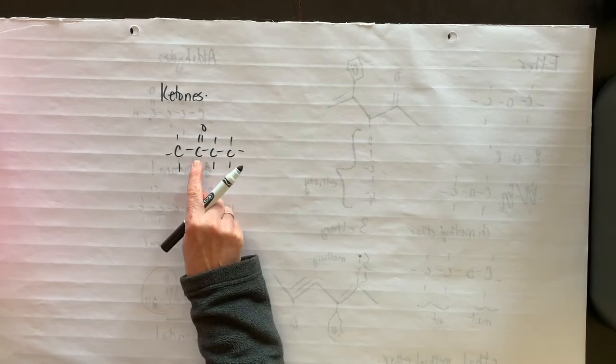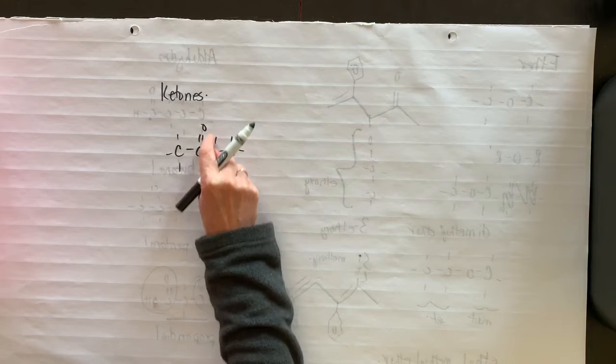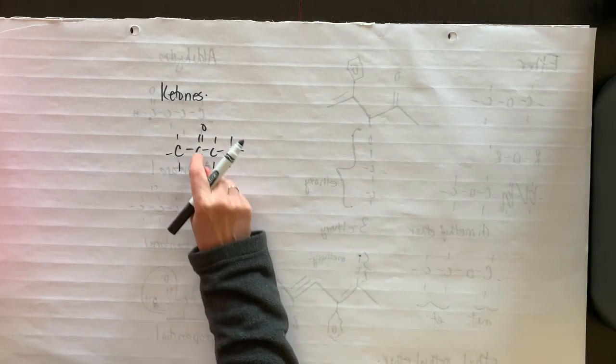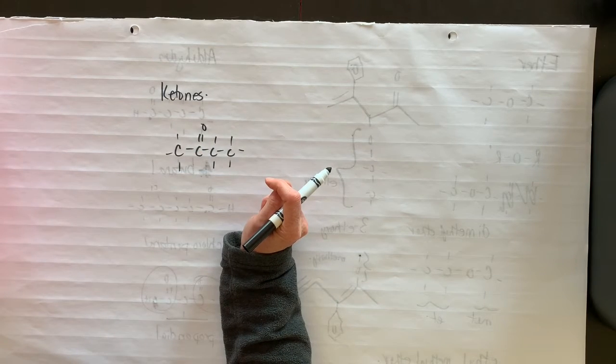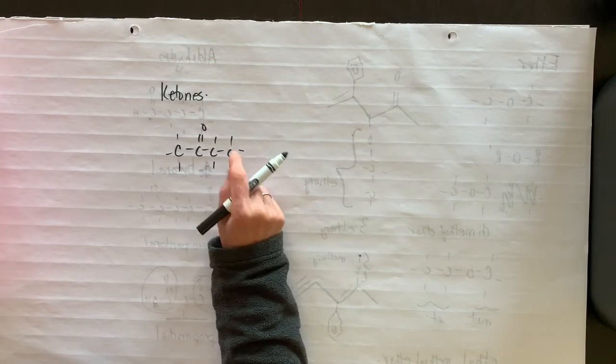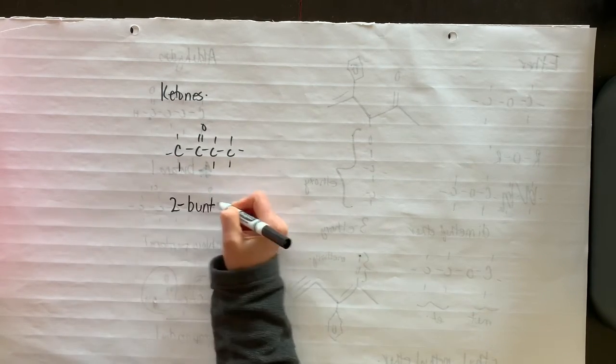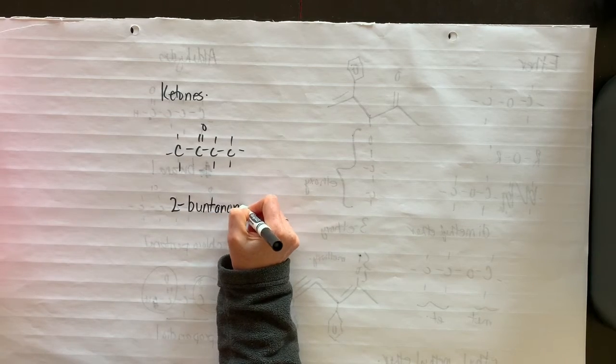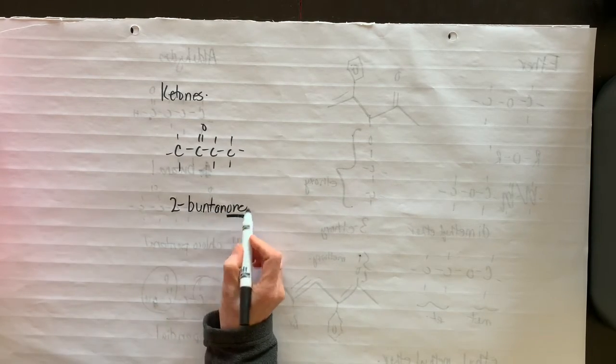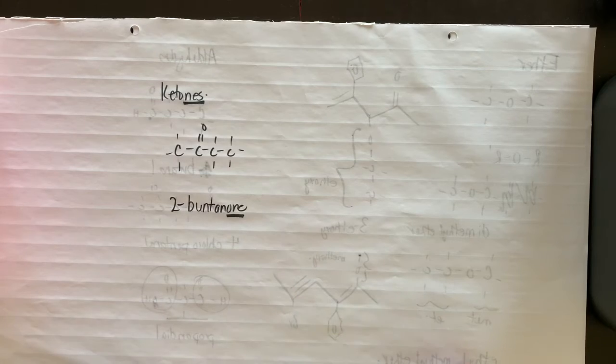So again, the C double bond O, the carbonyl group, is given priority. So you would name this. It's got 4 carbons, so it's a butan, and it's a 2-butanone. So ketone ends with -one, aldehydes end with -al.